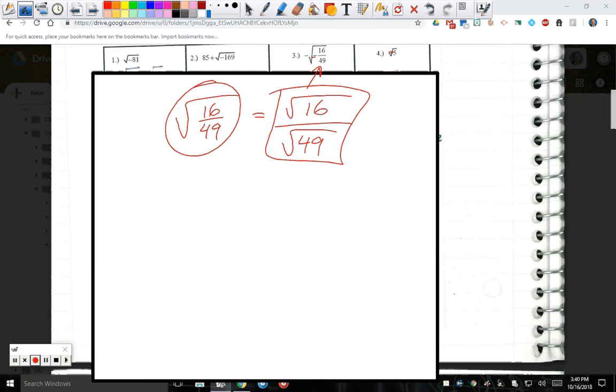So it's like treating it, the i comes out, that negative stays outside, and what I'm looking at is this. So what would that simplify out to? What would the 16 come out as? 4. What does this 49 come out as? 7. So I have a negative 4/7 i.